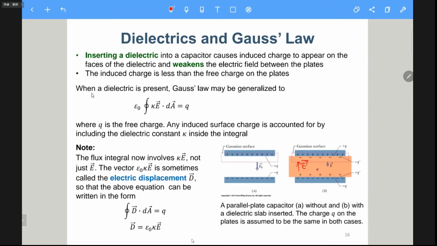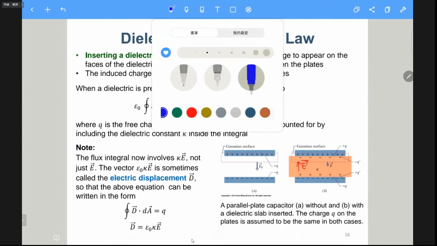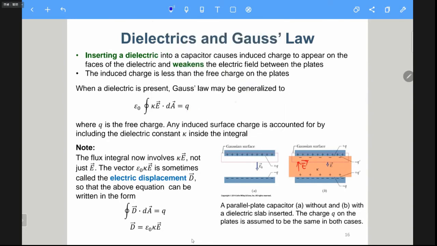Okay, so when a dielectric is present, Gauss's law may be generalized to this one. You may wonder why we don't write it as kappa epsilon naught integral of E dot dA equals Q enclosed.